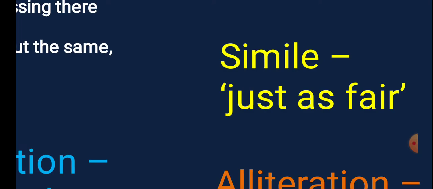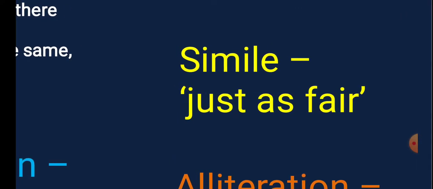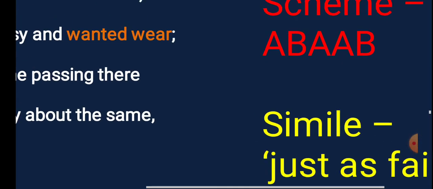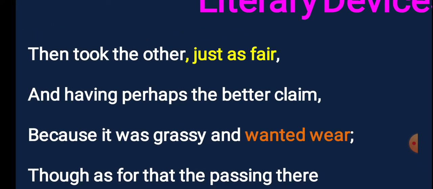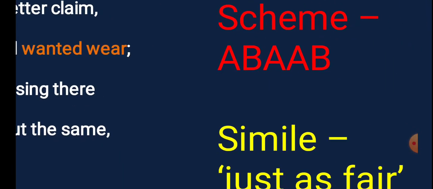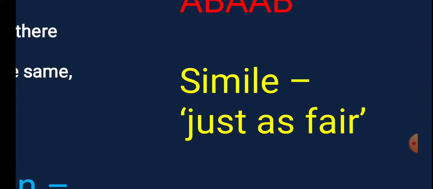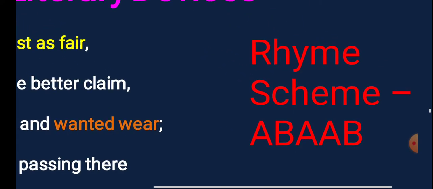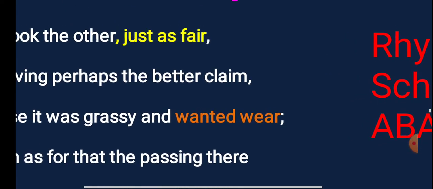The second road is compared with another road. When we are comparing one thing to another, one person to another, or one thing with a person, with the words as and like, this is called simile. Okay, the rhyming scheme A, B, A, B, that you will check out.